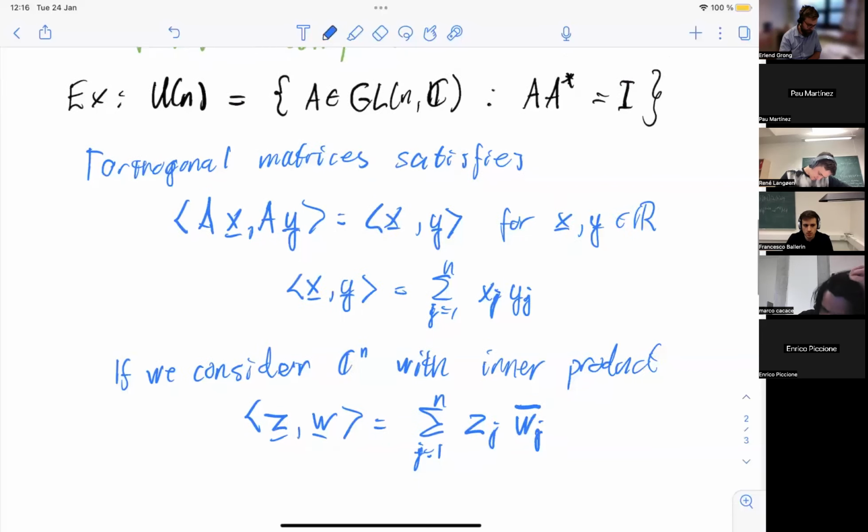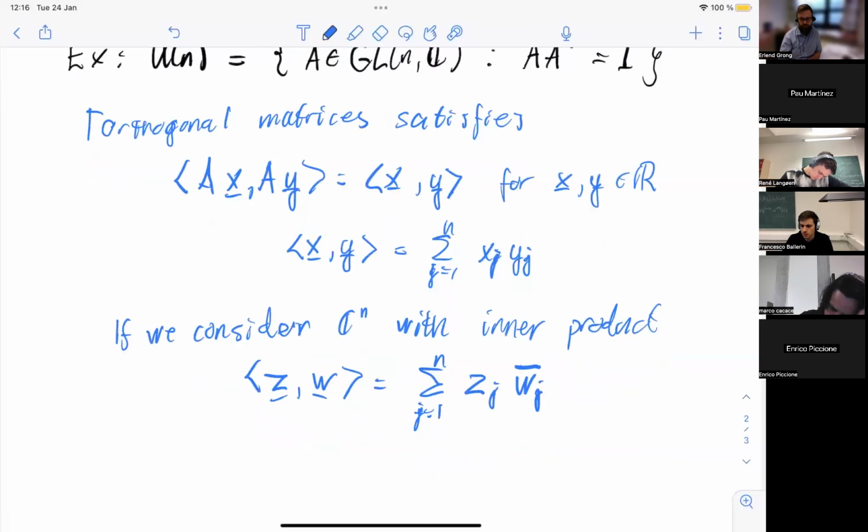These are like the Hermitian inner product on Cn.